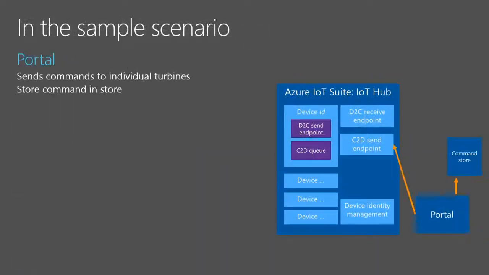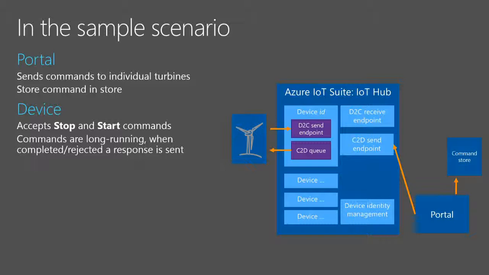In the sample scenario, what we did was very easy. The portal wrote something in the command store and then sent something to IoT Hub. The device was listening for a command with the receive loop method that we saw earlier, and it accepts the stop and start command. These commands are long running. When the device starts, it dequeues the command and starts executing it.